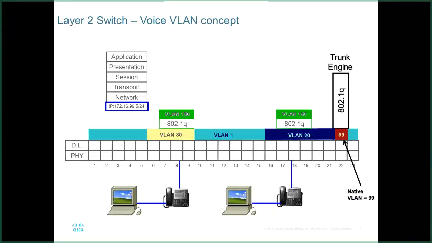And there's a little trunk basically working between the IP phone and this switch port. And this switch port is doing two functions. It's running as a trunk with a native VLAN of 30 and a tagged VLAN of 150 on it.